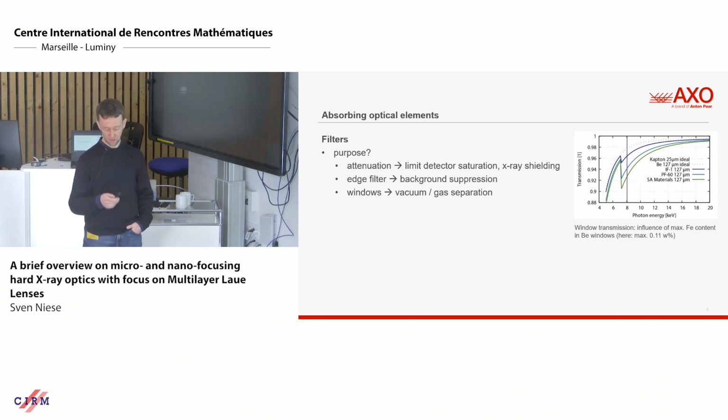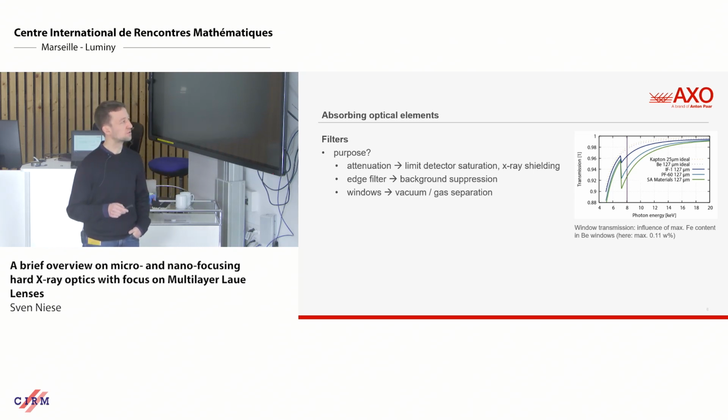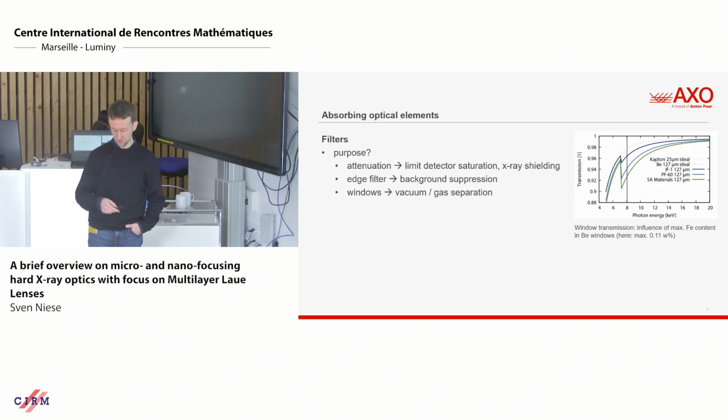If you just calculate the transmission, on top here the dotted ones are ideal Kapton and beryllium. But as soon as you introduce a bit of iron, this absorbs quite a lot. It may drop down to roughly 92% at 8 keV. It means that you lose more photons than you must.